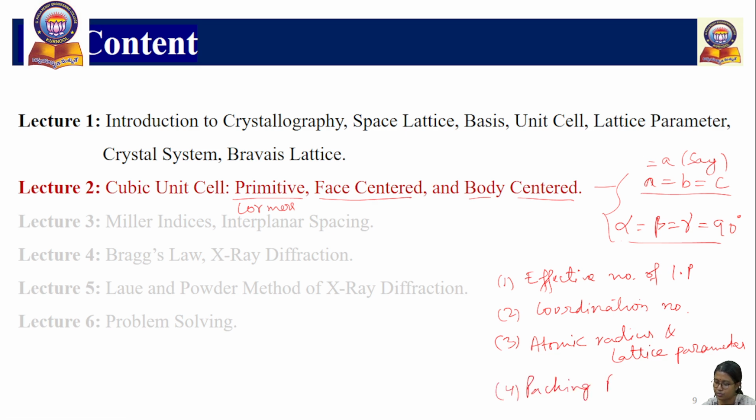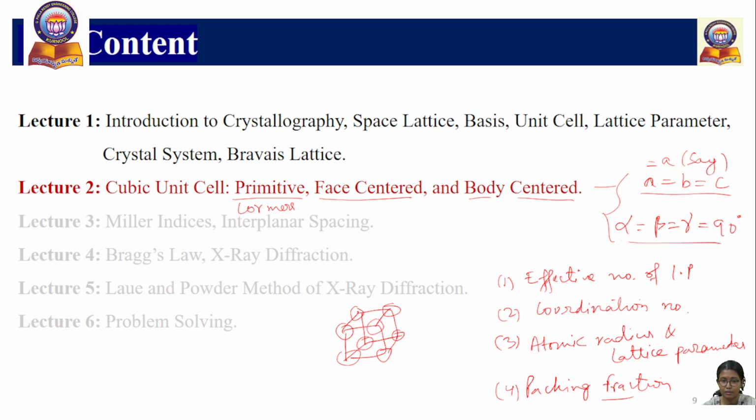And lastly, we will find packing fraction. That should be an important concept. Packing fraction means, see, a unit cell here is a cubical unit cell. All sides are equal, all angles are 90 degree. Now if we have lattice points on the corners, the atoms are spherical in nature. This cube is not spherical.